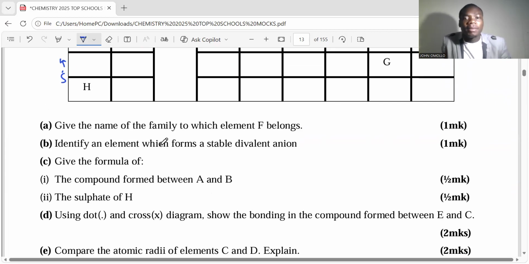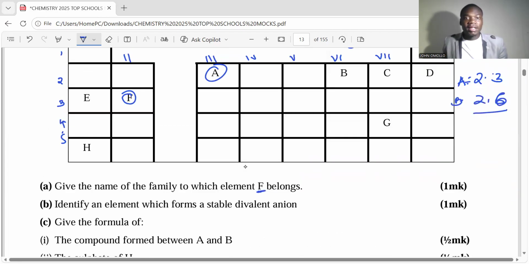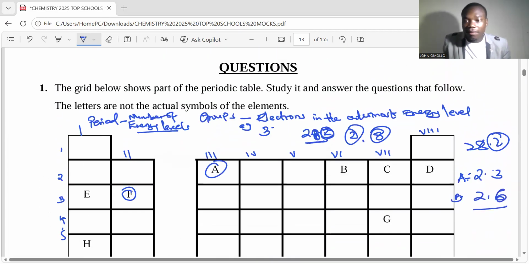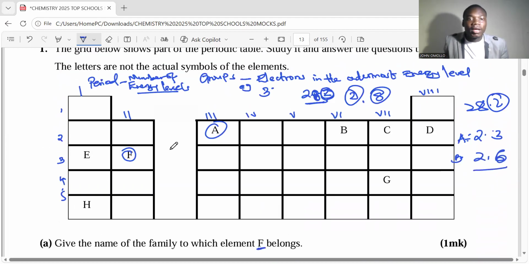Give the name of the family to which element F belongs. Element F we have identified, and we have said element F is this one. It belongs to group 2. Group 2 elements are referred to as alkaline earth metals.